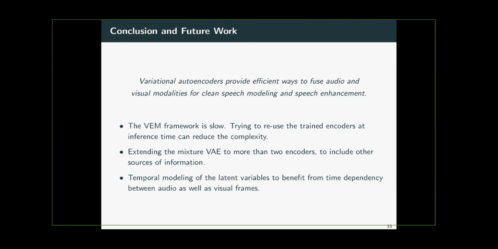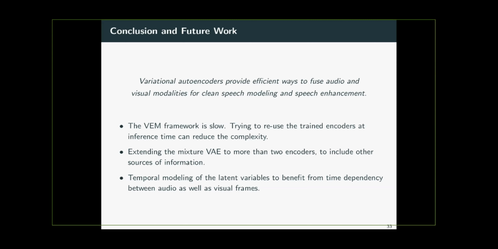But there are some things that we can improve. First is that sometimes this requires sampling. This requires algorithms like a variational expectation maximization that have slow convergence. So there are strategies to mitigate these problems, like reusing the trained encoders at inference time. And this can reduce the complexity, but it is unclear if it will have the same performance. So we are investigating that.